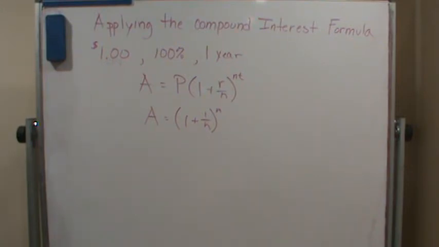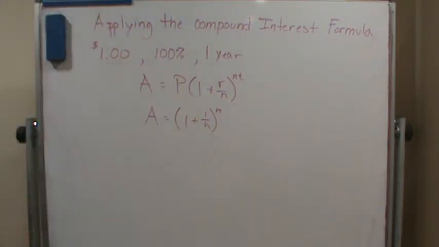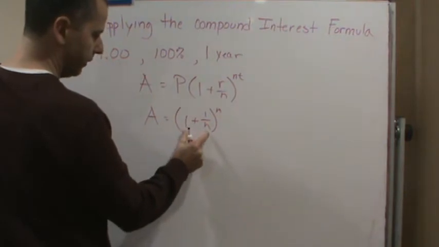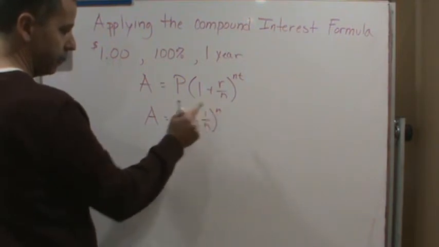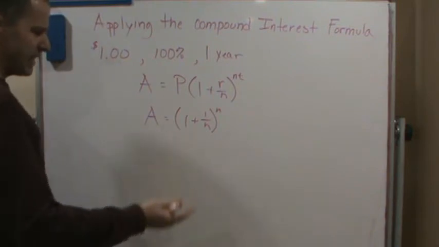That's twice, so this is compounded twice, and this will be 1.5 squared.